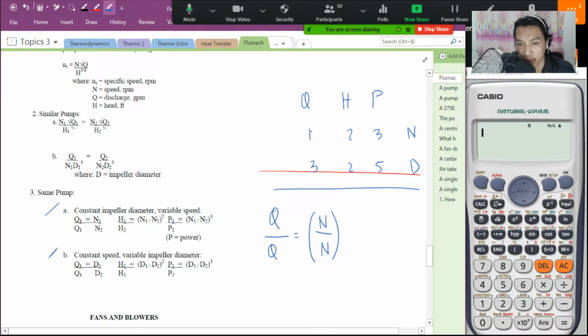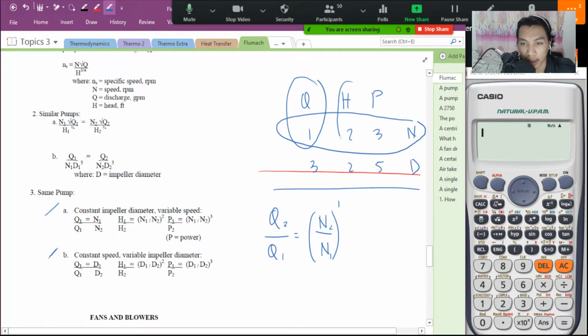Ano yung hindi na cross out? Yung nandito sa N, di ba? Na cross out yung D. Ibig sabihin niyan, constant ang diameter, variable ang speed, at yung magiging cross out nila or yung tatamaan nila parehas dun sa grid will be the power. So that is 1. This is Q2 over Q1 equal to N2 over N1.